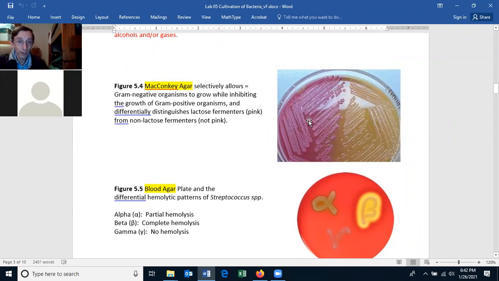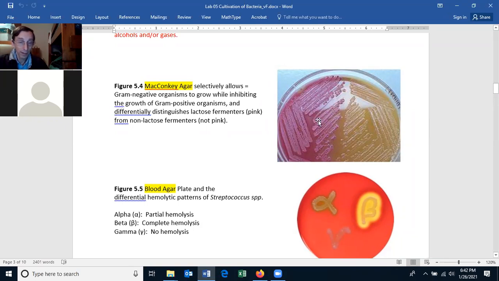It's differential in that it differentiates on the ability of the species that can ferment the sugar lactose. If the species grows, meaning it's gram-negative, and it can ferment the sugar lactose, it'll have a pink color to it.